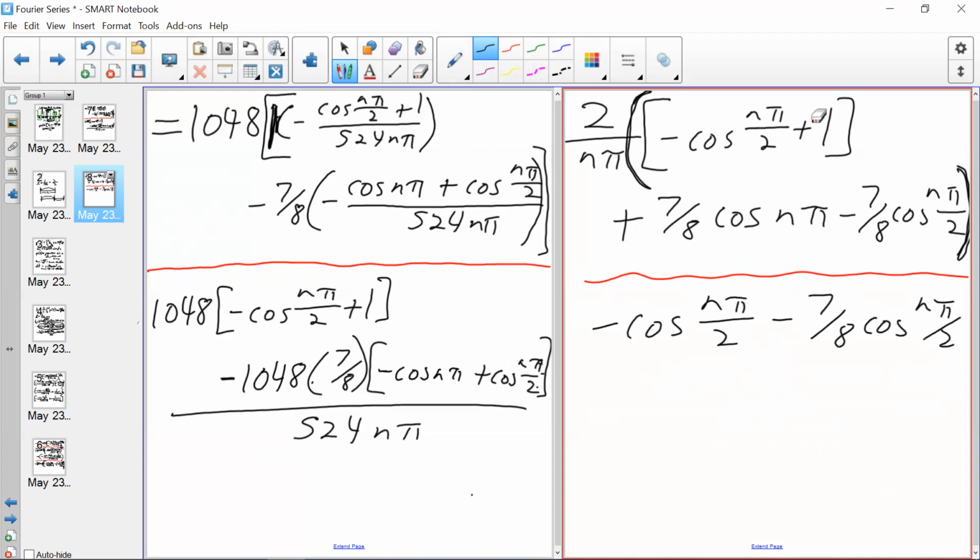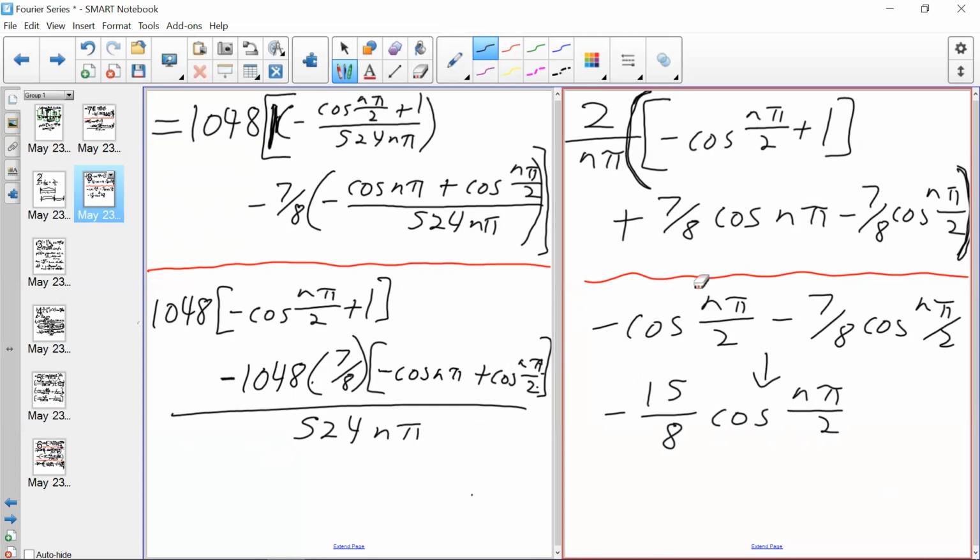And that's going to be added to these other two terms here, the 1 plus 7/8 cosine n pi. So once we do our factorization here, this just becomes negative 15/8 cosine n pi over 2. Because of the understood 1 here, you factor the 8th to both sides, 8, 8. So it's going to be negative 8 minus 7 over 8.